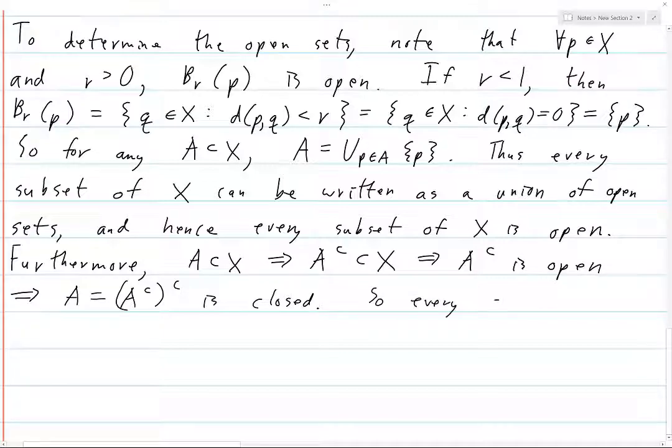So every subset of X is closed. Alright. So that tells us about the open and closed sets.